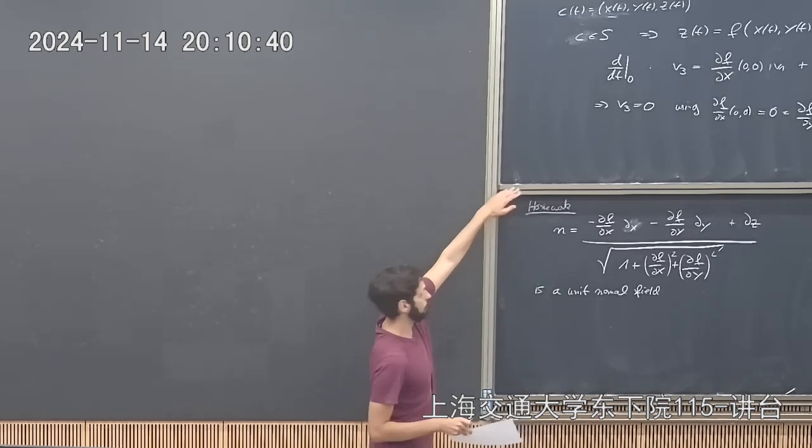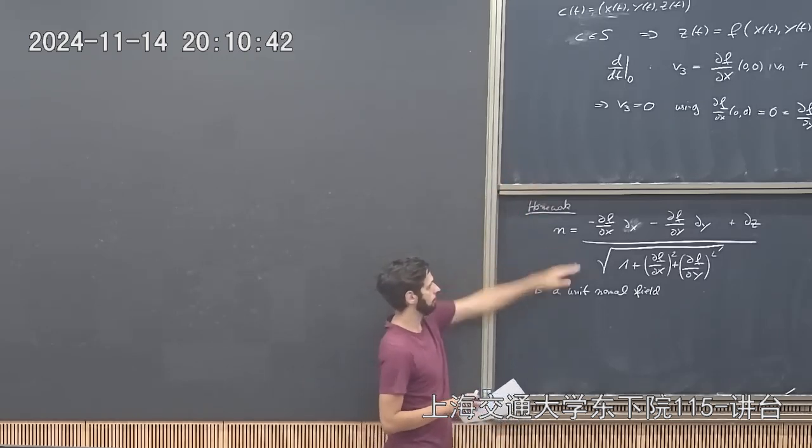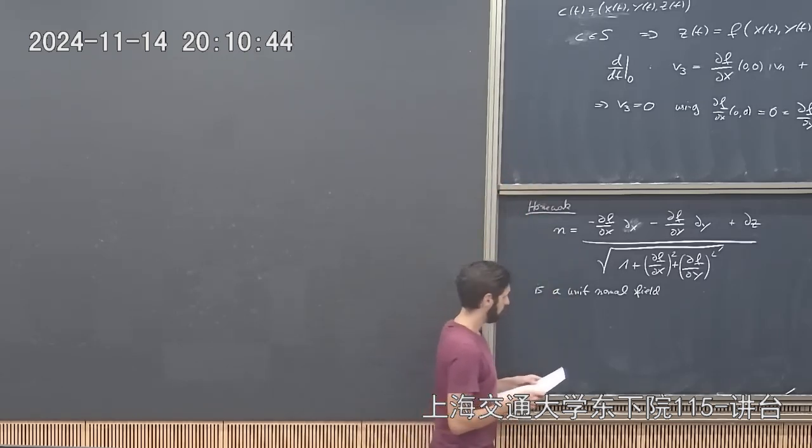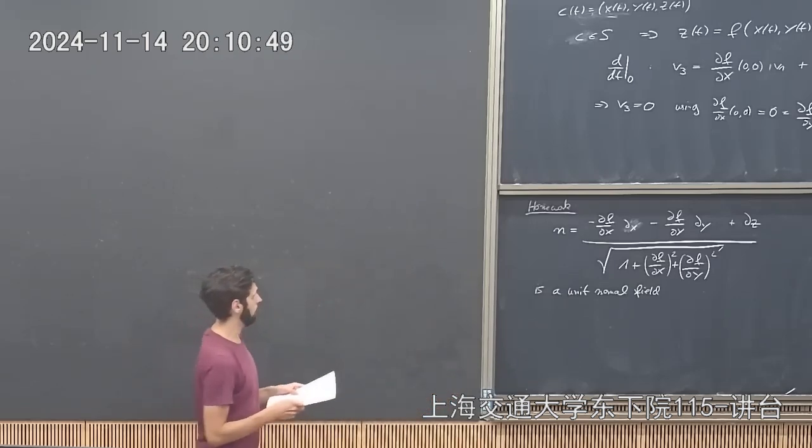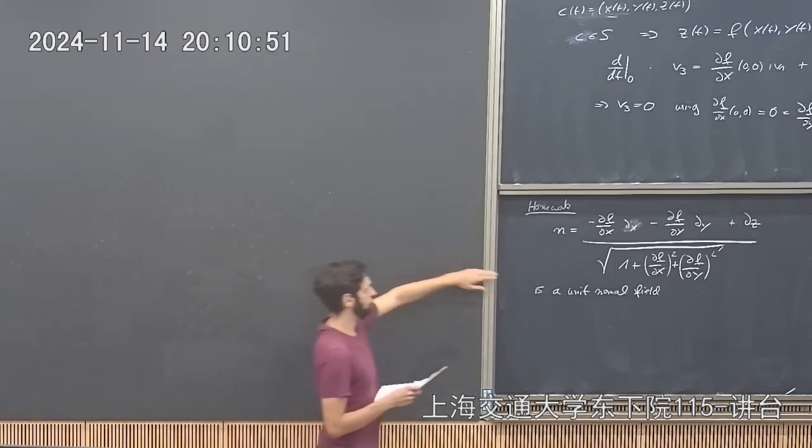The calculation is very similar to here, and then you just show that this one is indeed normal. Okay, so we have our normal vector field if we accept that formula.